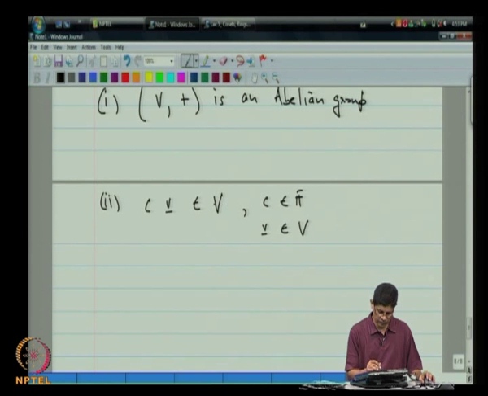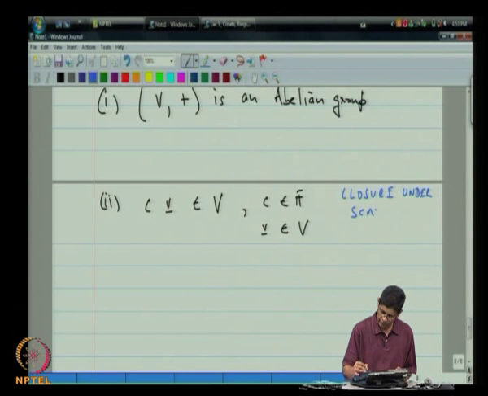Whenever we introduce a vector, we will put a bar underneath it. So, this is the axiom of closure. So, this is closure under scalar multiplication.